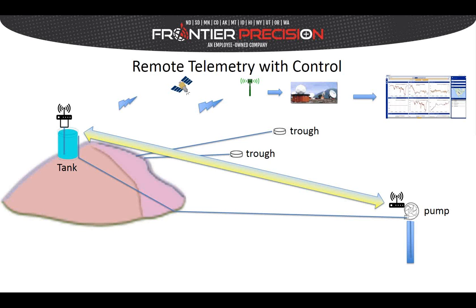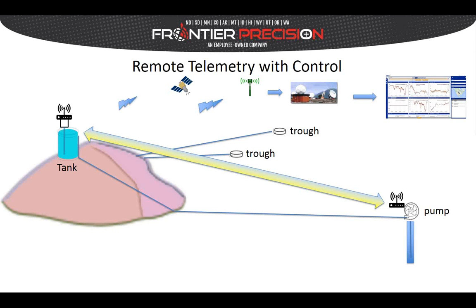These two devices talk back and forth, so you would have set points programmed into the device at the tank. So when the water level is below a certain point, the radio would call the other one, trip a relay, kick that pump on, and would fill that up. And as soon as the measured water level in the tank hit a certain point, it would shut that relay off. And again, water's continuously fed out to the troughs.